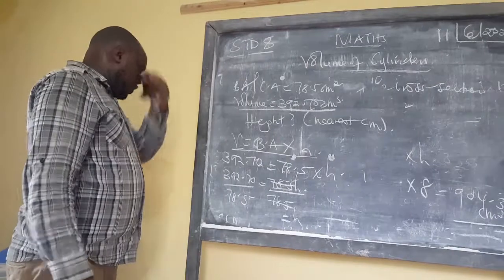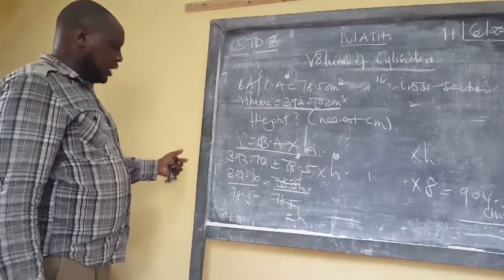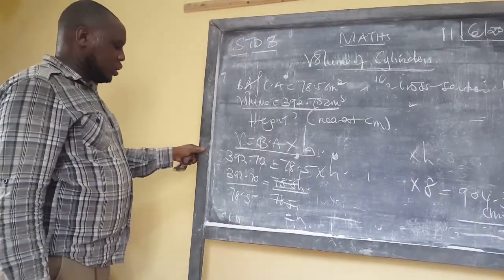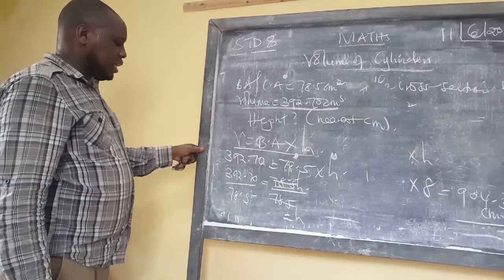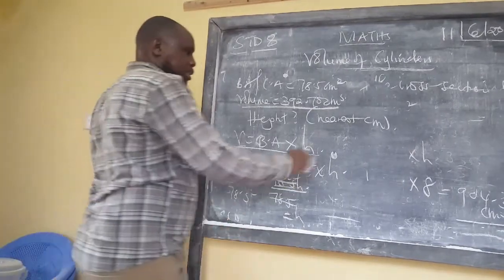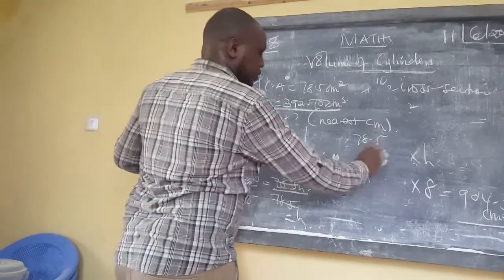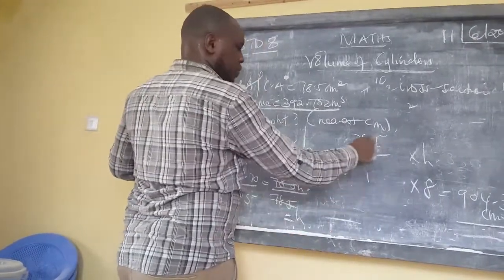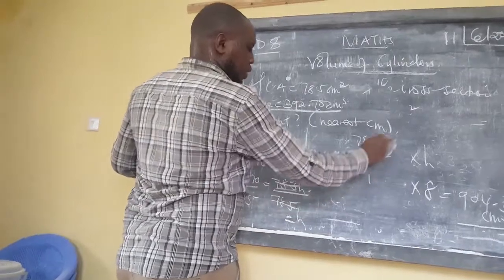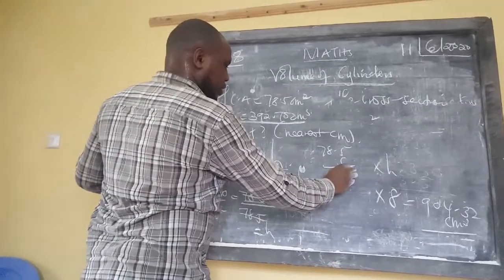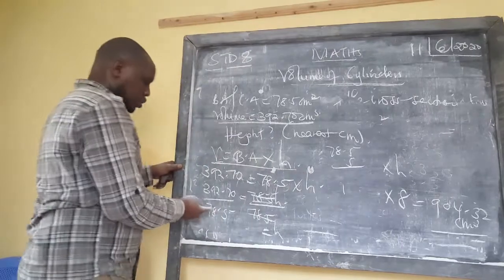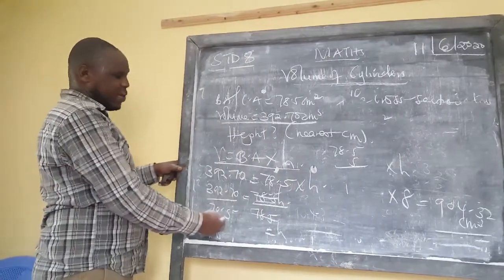Now you divide 392.70 by 78.5. You can see we have one decimal place here and one decimal place here.